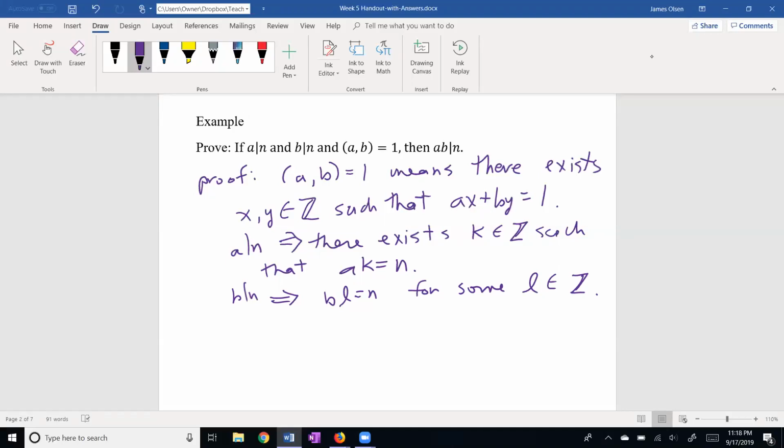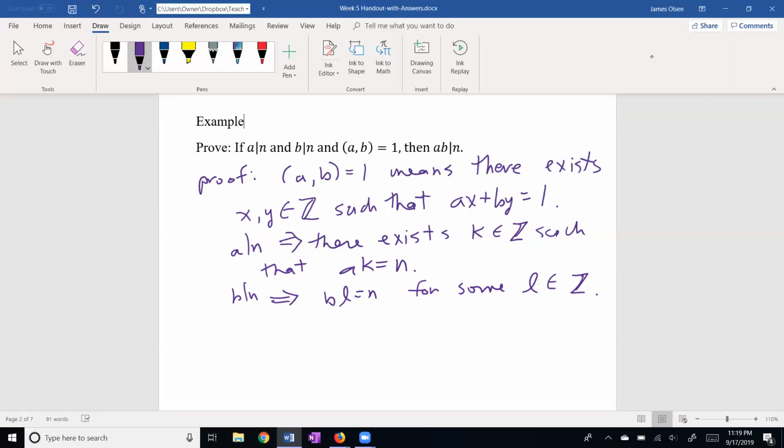So we're going to need to combine all these. And we might think about our last line of the proof is going to be AB divides N. So the line above that is probably going to be AB times some quantity is equal to N. So we need to have N on the right-hand side.